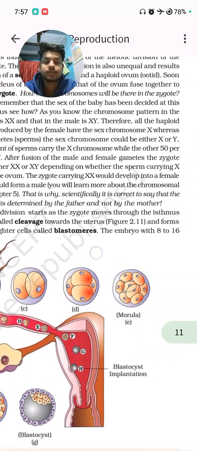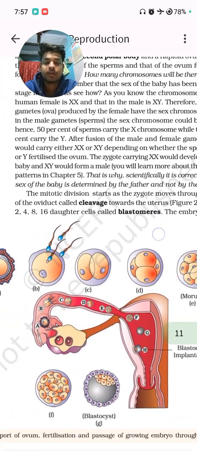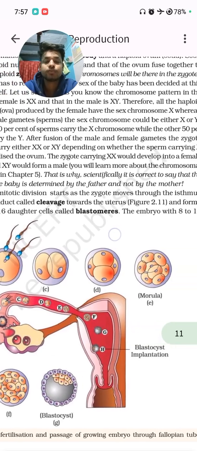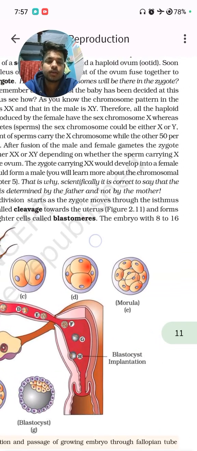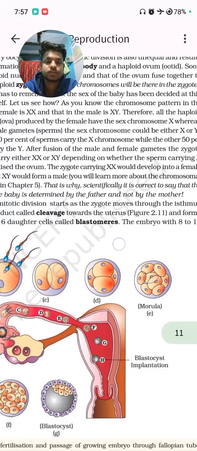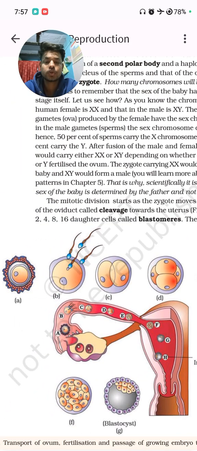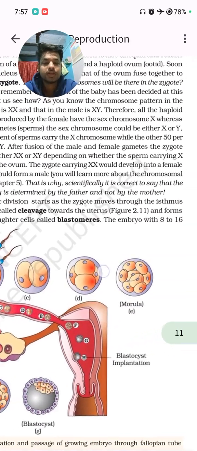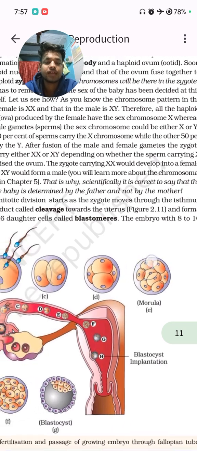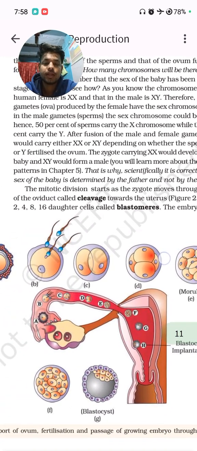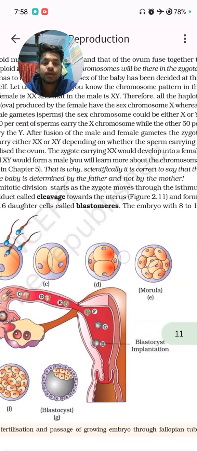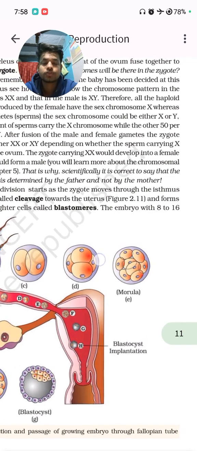The mitotic division starts as the zygote moves through the isthmus of the oviduct, called cleavage, toward the uterus, figure 2.11d, and forms 2, 4, 8 daughter cells called blastomeres.